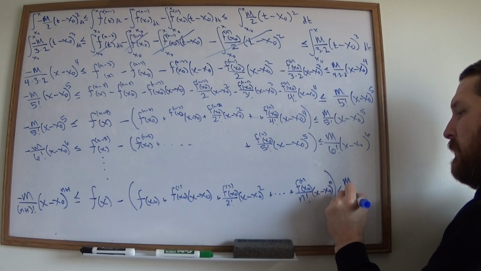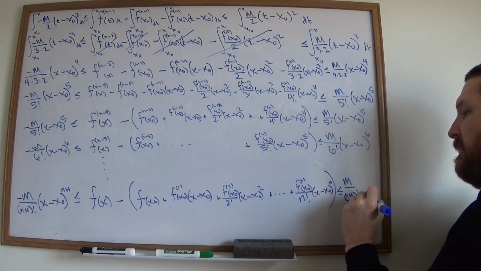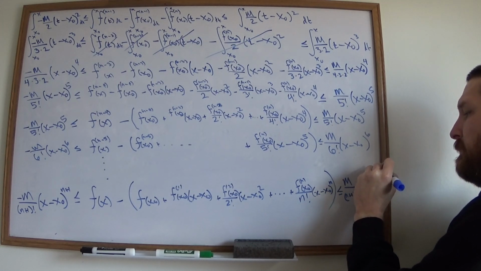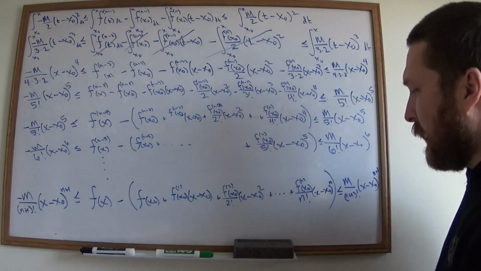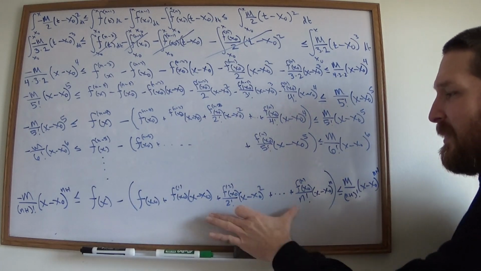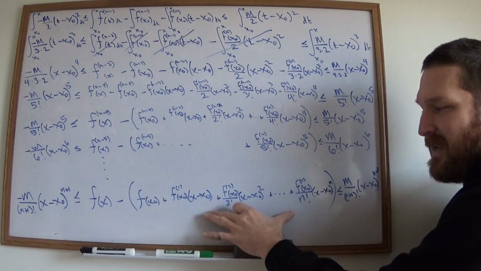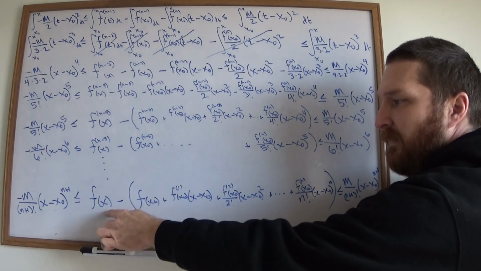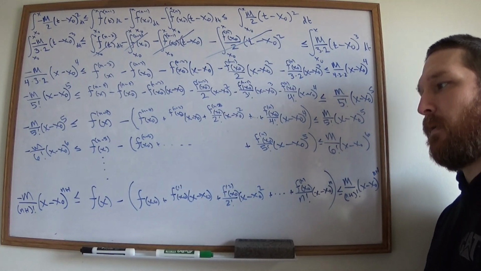Positive M over n plus 1 factorial, x minus x0 to the n plus 1. Lo and behold, that is the nth Taylor polynomial of f evaluated at x0.